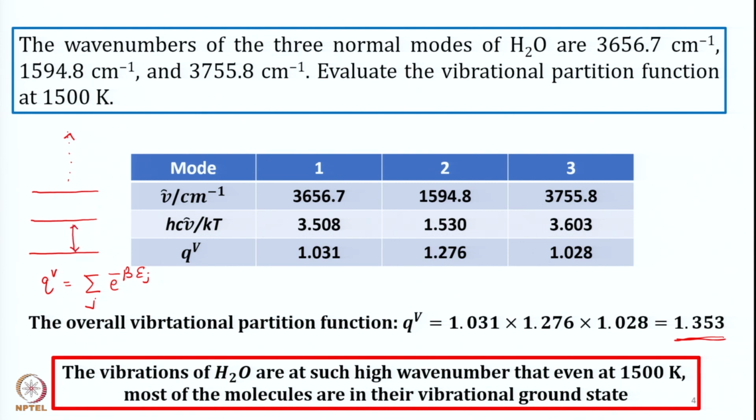So, I hope it is clear. That is why this comment, that the vibrations of H2O are at such high wave number that even at 1500 Kelvin, most of the molecules are in their vibrational ground state.